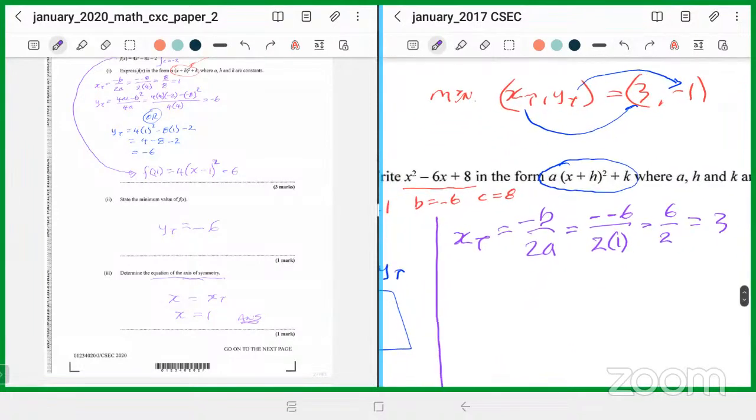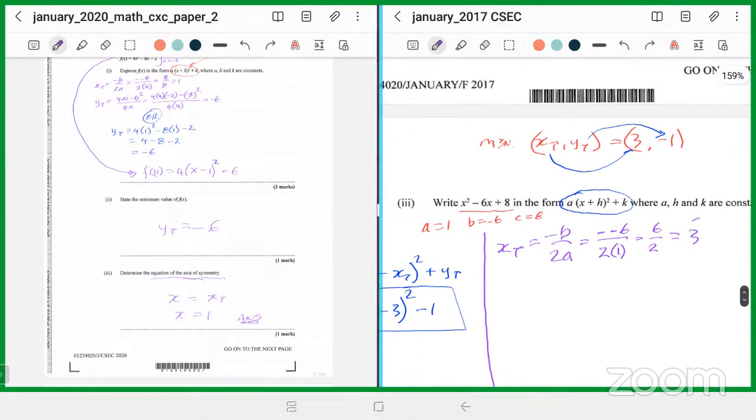And if I use the formula way, now that I know this is 3, I can take this 3 and plug it in the formula to work out yt. But let's say I'm using the formula, just to prove something to you. Yt using the formula is (4ac minus b squared) divided by 4a, which equals 4 times a, the a is 1, times c, the c is 8, minus b squared, the b is -6, so (-6) squared, all over 4 times a, the a is 1.